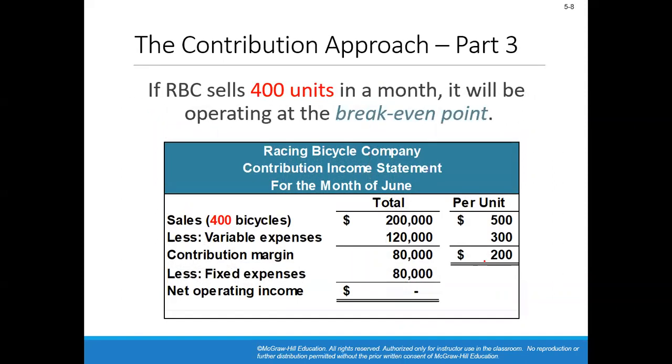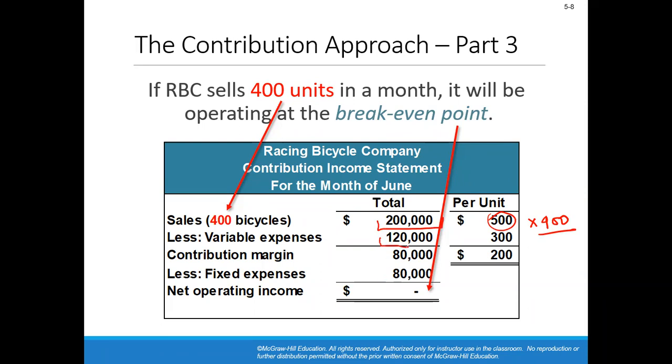Now we would like to see what should be the number of bicycles to be sold to reach the break-even point. So instead of 500 bicycles, let's change this number to 400 bicycles. Remember, the per unit selling price is 500, so for 400 bicycles we get $200,000 sales volume.